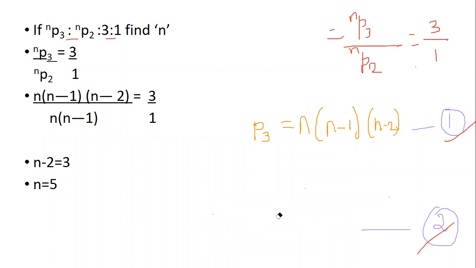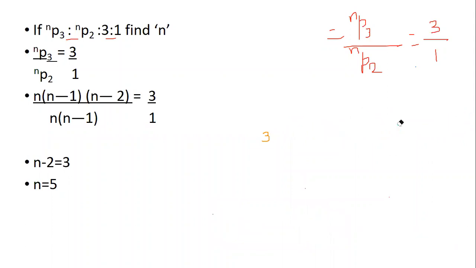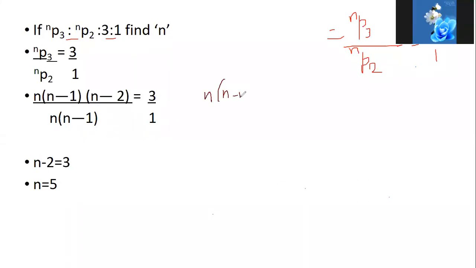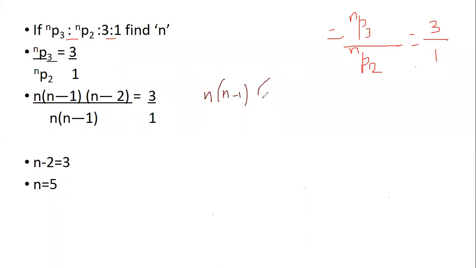I'll just erase all of this so I get a little more space to solve. Okay, so now what I have is nP3. Now nP3 is nothing but n into n minus 1 into n minus 2, divided by what is nP2? n into n minus 1.